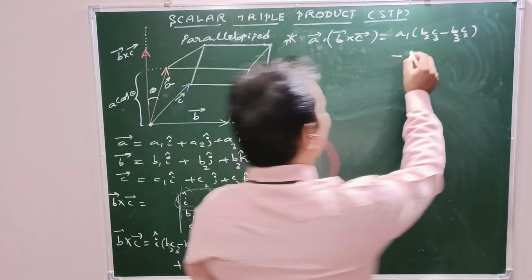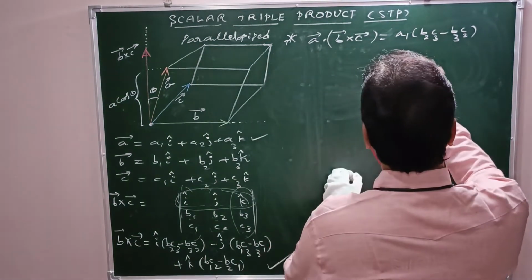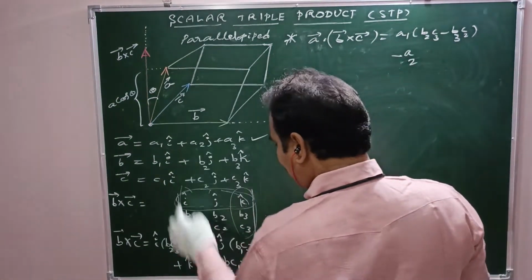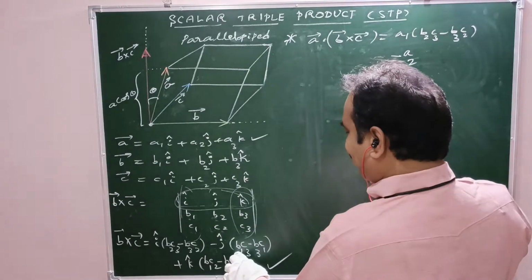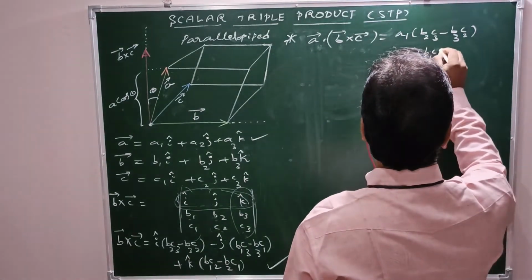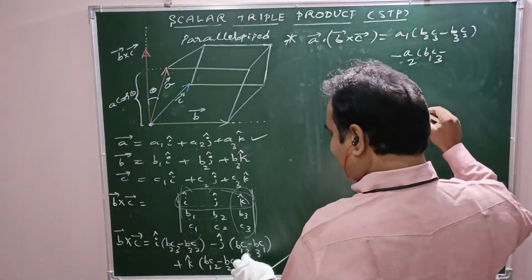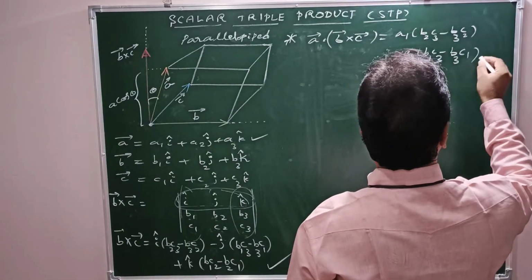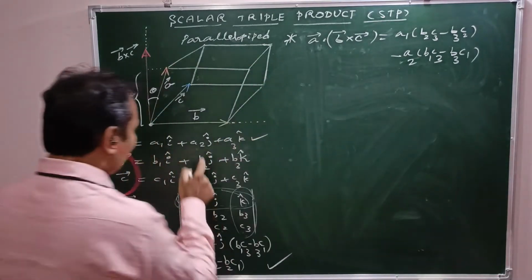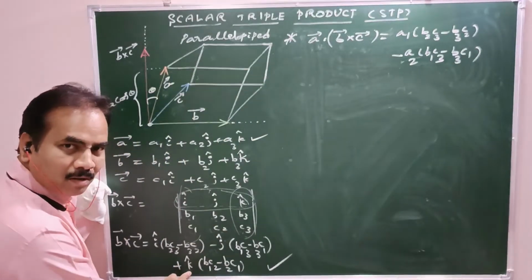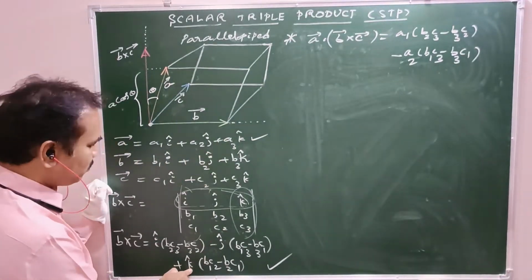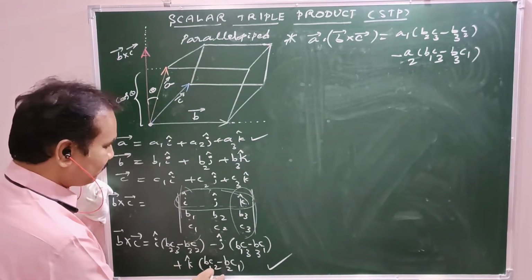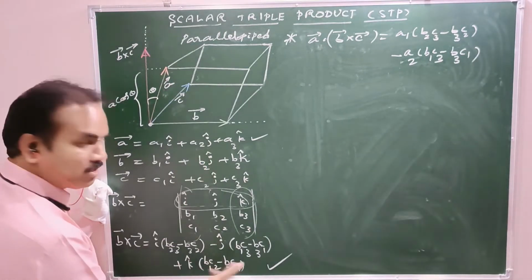That is A2 into the second term, that is B1C3 minus B3C1. Okay, right? Now j dot k is 0. So no need to take the other term also.